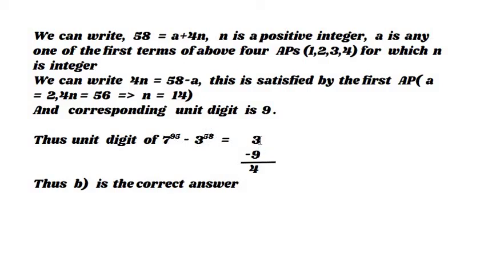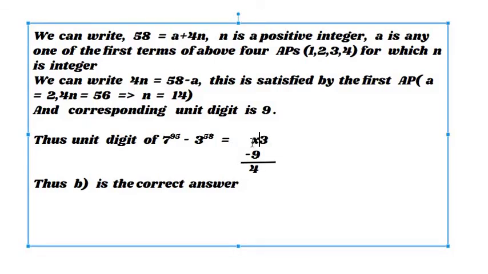Now if you subtract 9 from 3, of course there will be some number to the left of 3, from which we can take a carry of 1, and this will make it 13, and 13 minus 9 is 4. So the correct answer is 4.